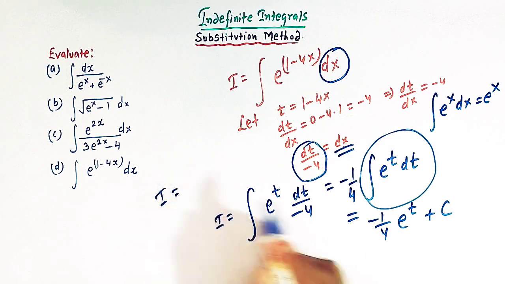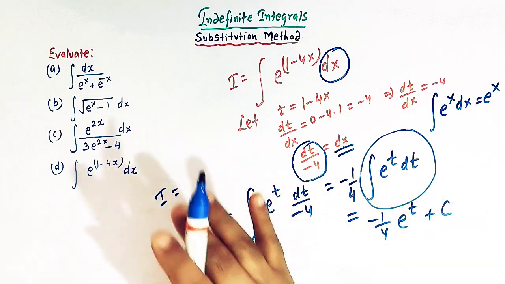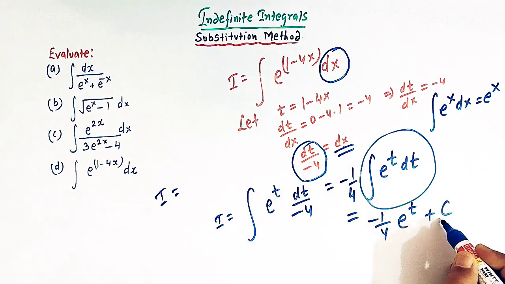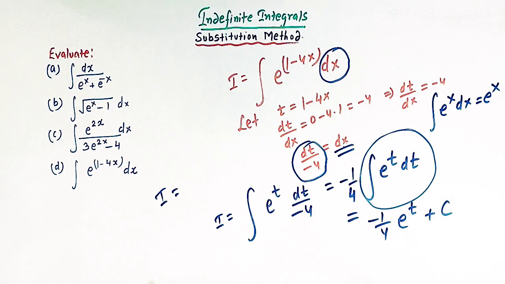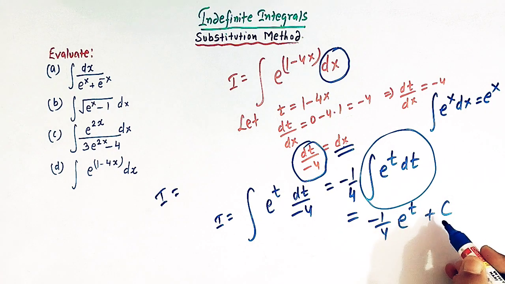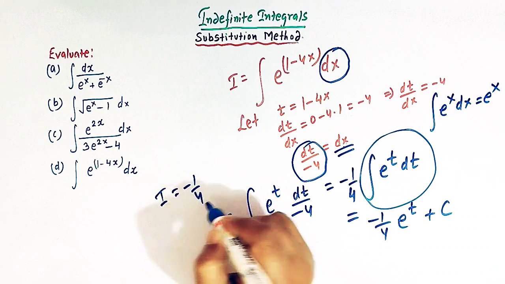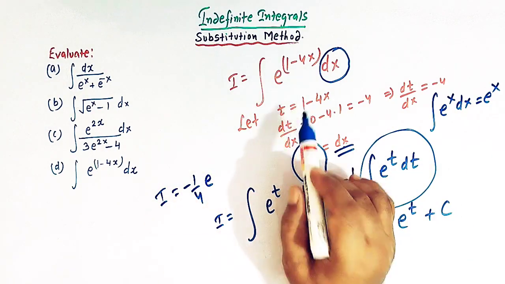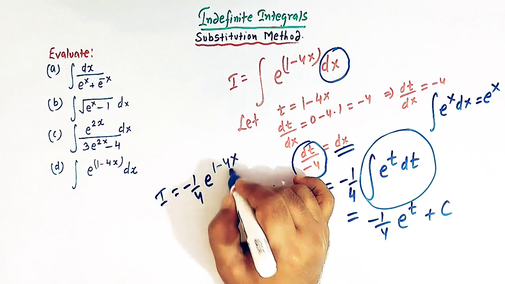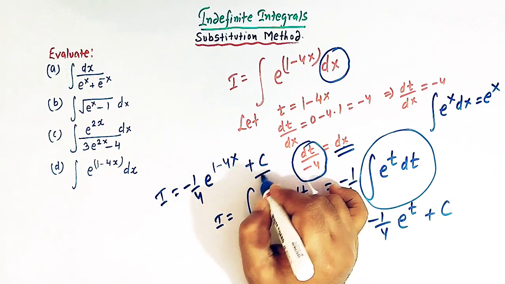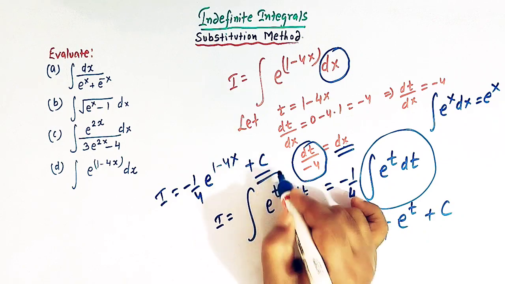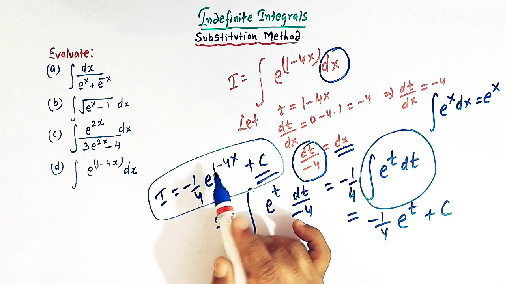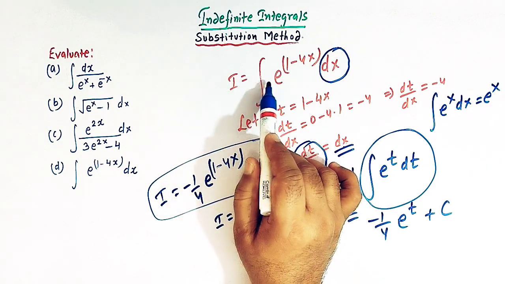So always remember that whenever we find the indefinite integral, never forget to add the constant of integration in the final answer. So now we have minus 1 over 4 times e raised to t, and t is 1 minus 4x, and c is the constant of integration. So this is the final result for this integral.